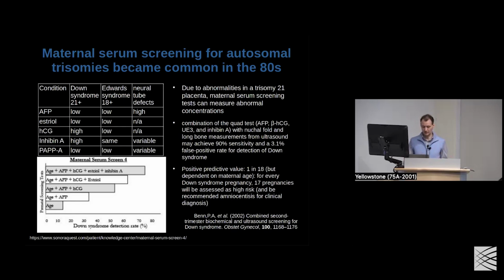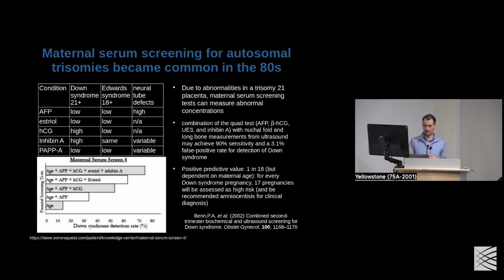Over the years, multiple different measurements got combined. I'm not going to go through what each one of them is, but the AFP, hCG, uE3, and inhibin A. Eventually, they came together to make what is called the quad test, that used to be performed maybe in the 90s, where everything gets measured maybe at the end of the first trimester.